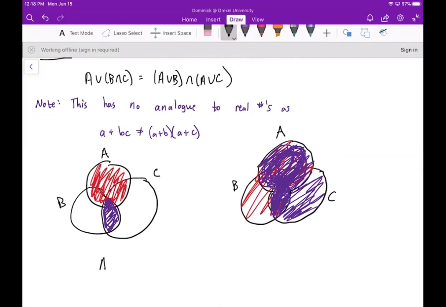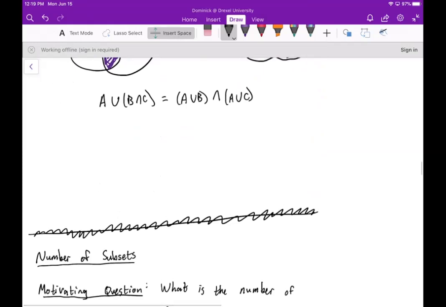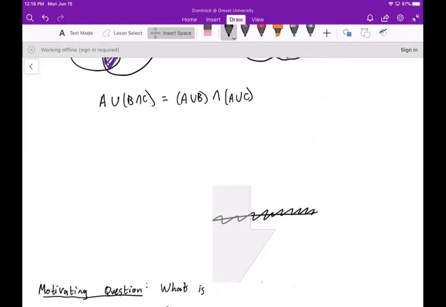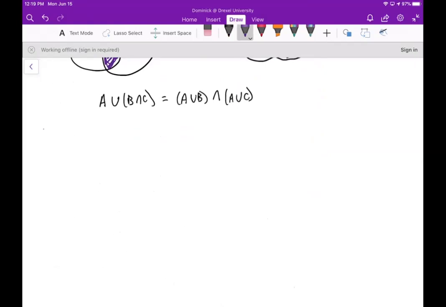So let me just rewrite this down here so I don't have to keep coming back and forth. Okay. So let me give myself a little bit more room. Okay. So first, let's show that A union B intersect C is a subset of our right side, A union B intersect A union C. So of course, how do we start this?